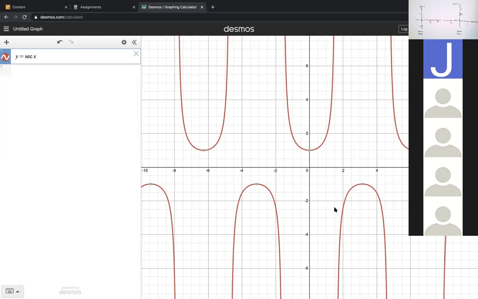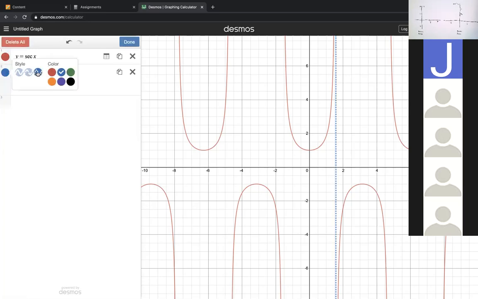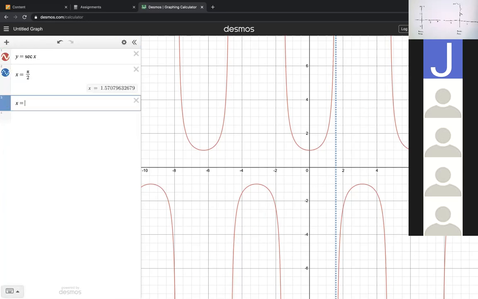And maybe you can tell where those are, but I'll put in some dashed lines so that we can see them. They're at pi over 2, and then you can add multiples of pi to get to the next one. Then maybe add another one at minus pi over 2 over there.